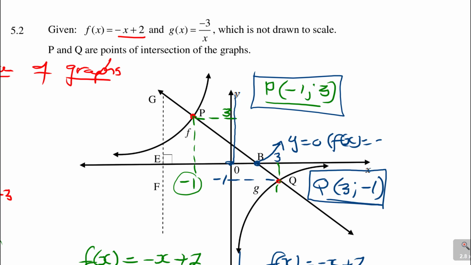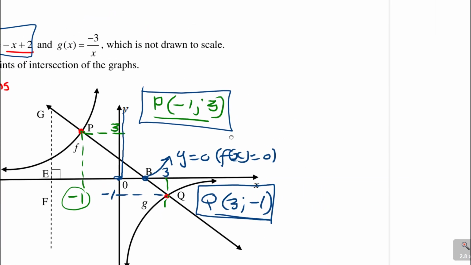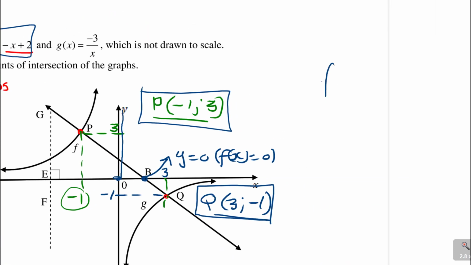So what you do is, you take this graph and say, in this question, f of x is equal to negative x plus 2. Now at B, we are saying f of x, or y, you can use any. At that B, you can see that the value of y is 0. So y is equal to 0.